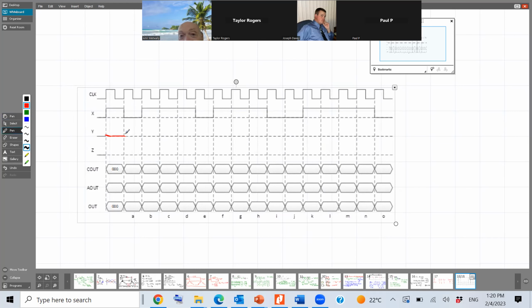What about the second rising edge? Taylor? Y would be high. It would be high because, again, we can imagine X extended a little bit, so it was here before the rising edge of the second. Yes, it will be high. As you can see, I shifted myself a few micrometers.